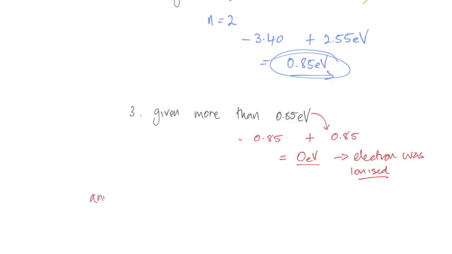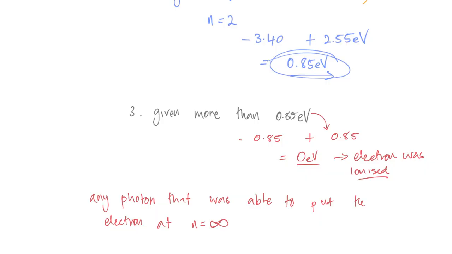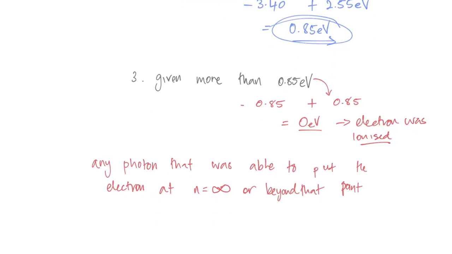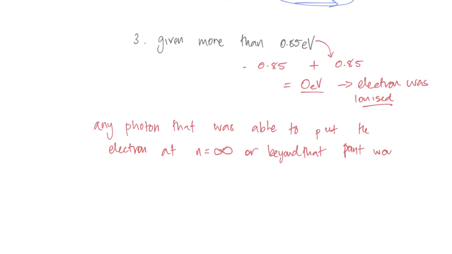So I can say that any photon that was able to put the electron at n is equal to infinity or beyond that would be absorbed.